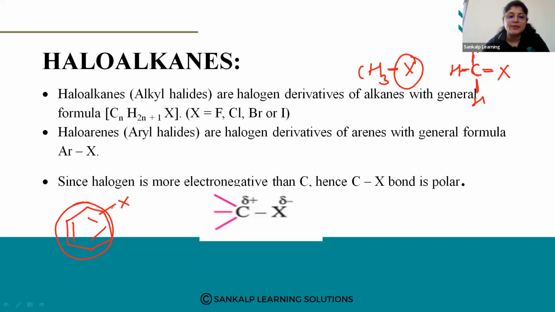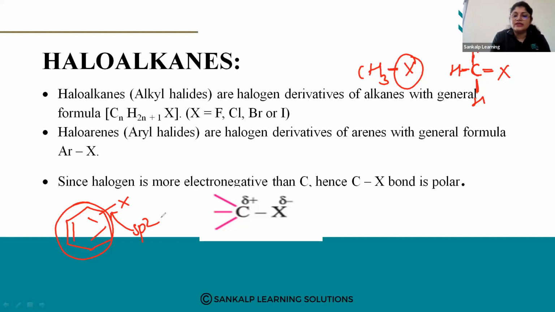Now here, the halogen atom is attached to an sp2 hybridized carbon. So this is a general introduction about haloalkanes and haloarenes.